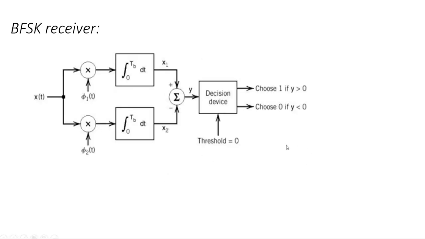Now the receiver. Again the receiver is a coherent receiver, so we are using the correlator. The received signal is correlated with phi1 of t and phi2 of t.